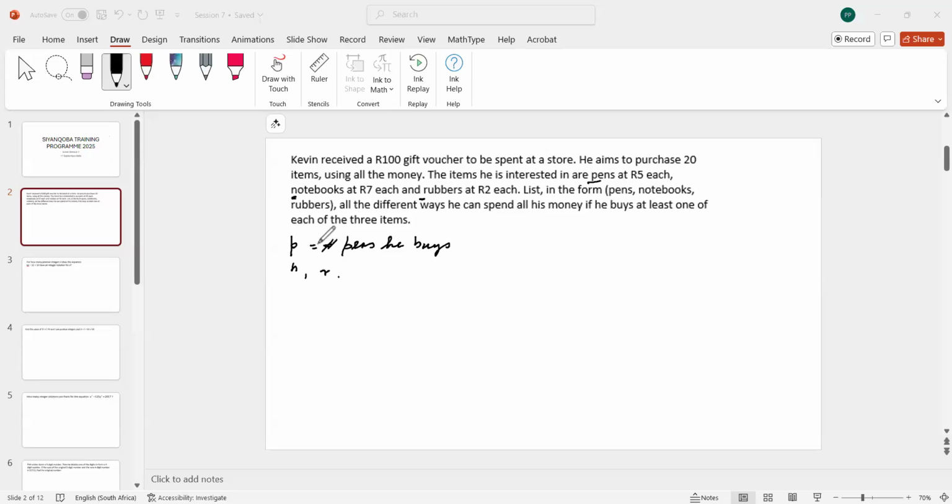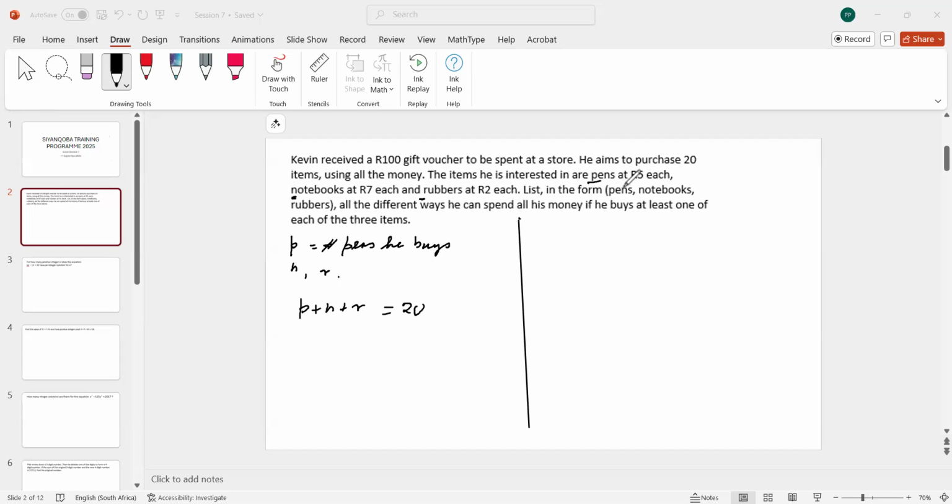He buys 20 items altogether. So the items he buys altogether are the sum of these three numbers. We will write that down as P plus N plus R equals 20. All right, so that's the total number of items he buys.